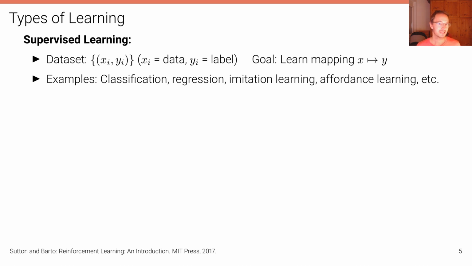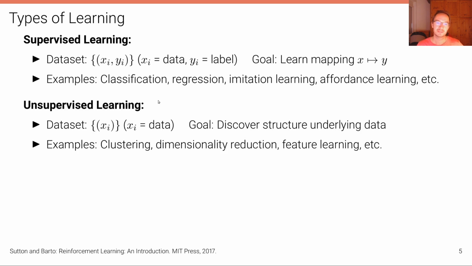In machine learning textbooks, learning is typically categorized into 3 different categories. The first category we've seen already. This is the classical machine learning framework. It's called supervised learning, where we have a data set of XY data label pairs, and the goal is to learn a mapping from X to Y. Examples of this include image classification, regression, imitation learning, affordance learning, and so on.